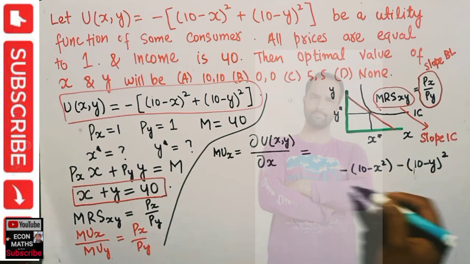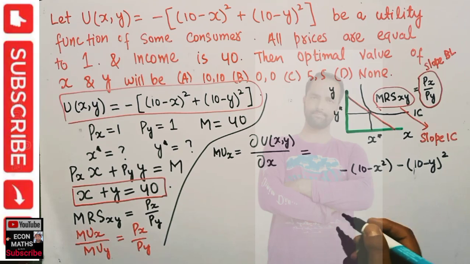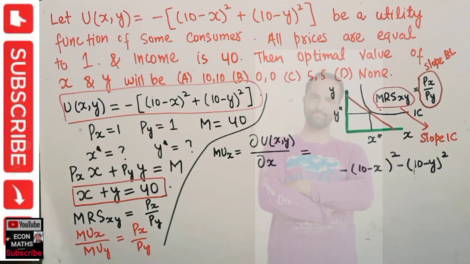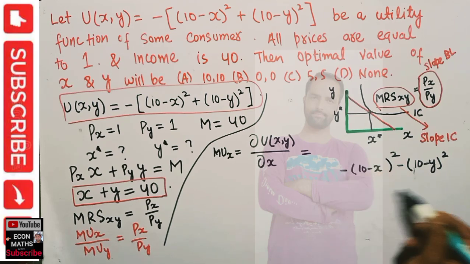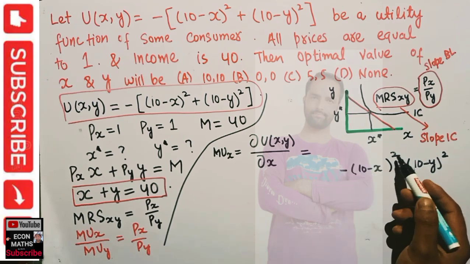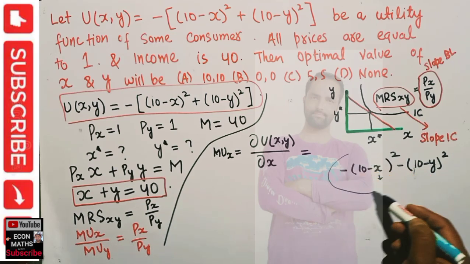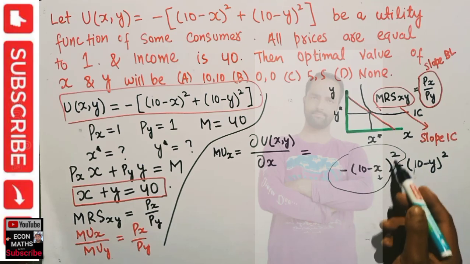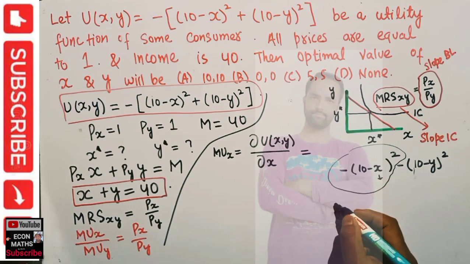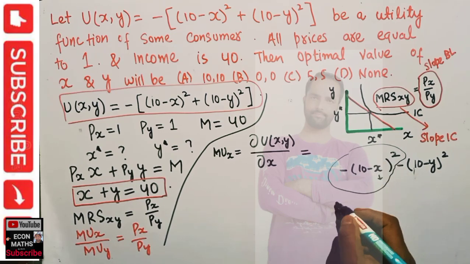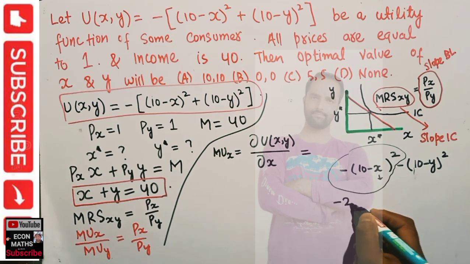Taking partial derivative of this with respect to x: x is involved here, so we will use the power function rule. That means our exponent becomes coefficient, so this 2 becomes coefficient, and we will be left with minus 2.